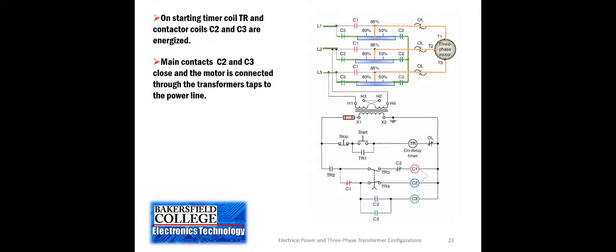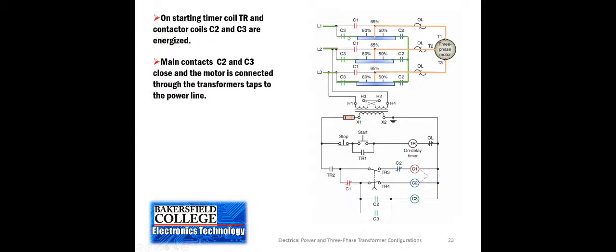So when you first turn the starter on, then the C3 contacts and the C2 contacts are energized. That puts power into the auto transformer coils. Up here, I just drew over the coil to signify that it is energized and there's magnetism around it.